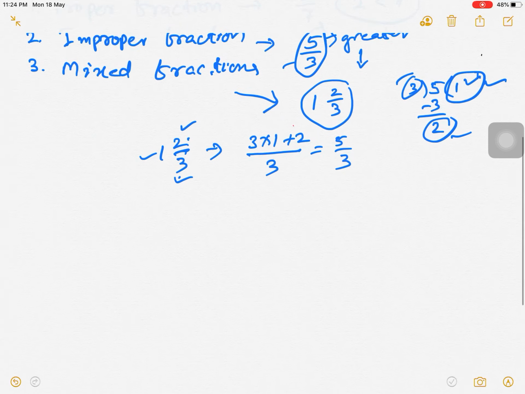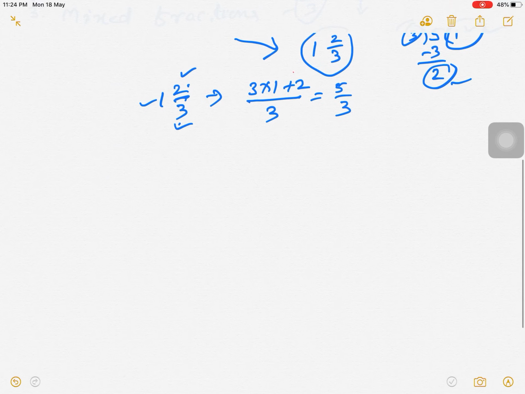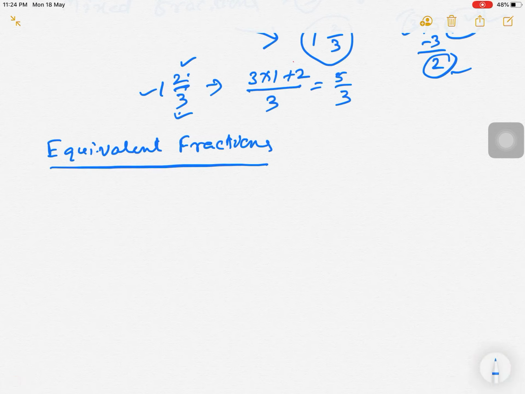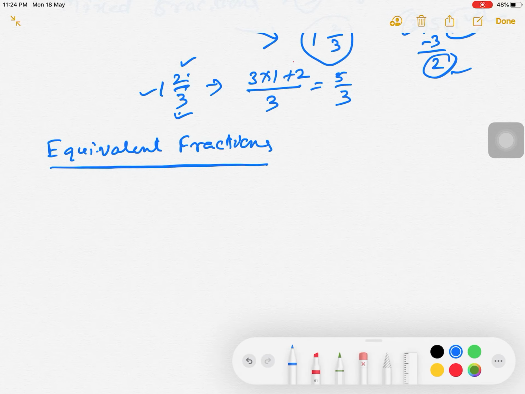And in class 6, you learned another thing, that is equivalent fractions. So what are equivalent fractions? When two fractions are equal.